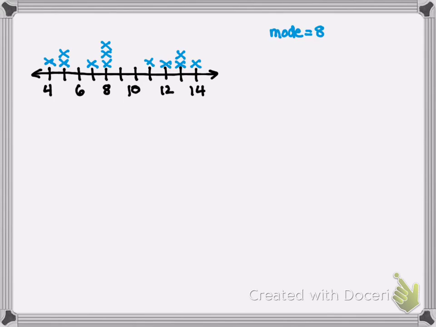So next I want to look at how many pieces of data I have, and I'm going to figure out the median. So let's see, I have 1, 2, 3, 4, 5, 6, 7, 8, 9, 10, 11, 12. So I have 12 numbers, and if I cut that in half, I'm going to get 6. So that means my median is going to fall between the 6th and the 7th number.